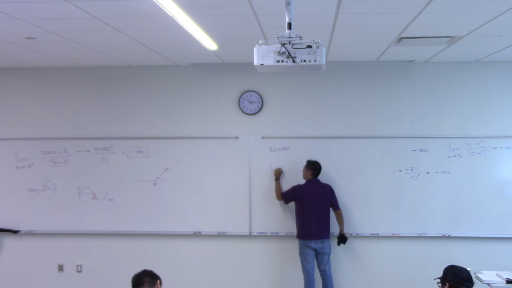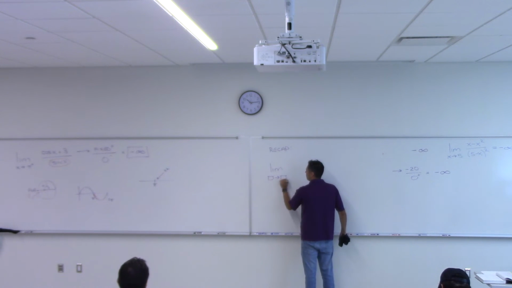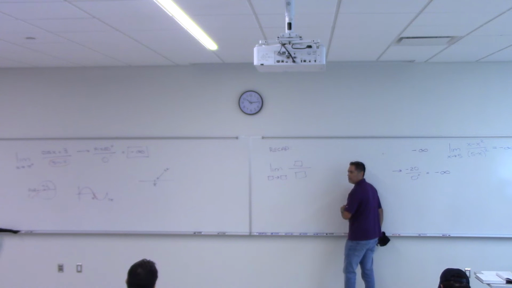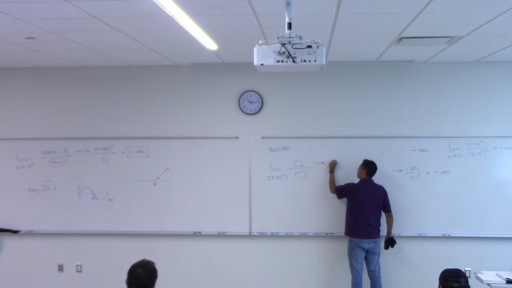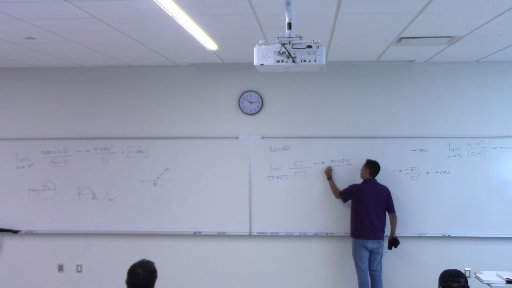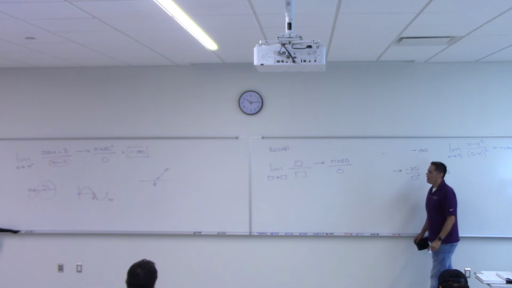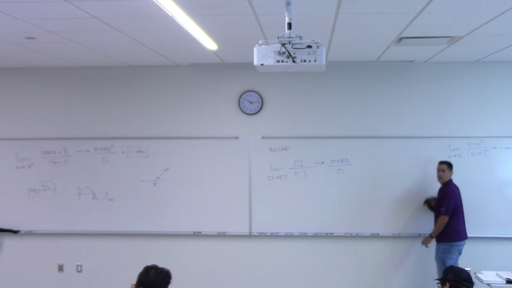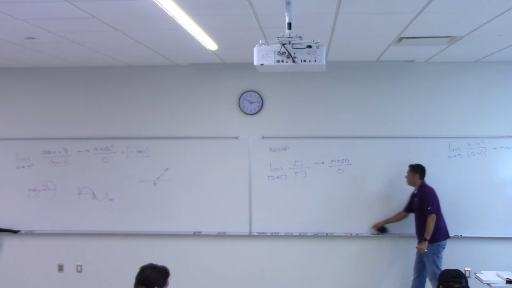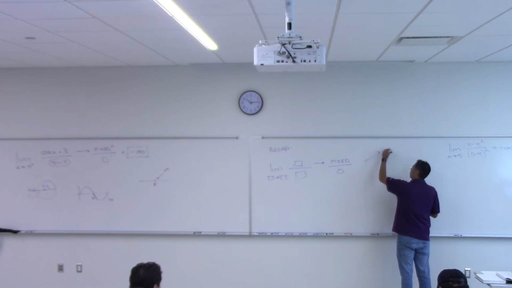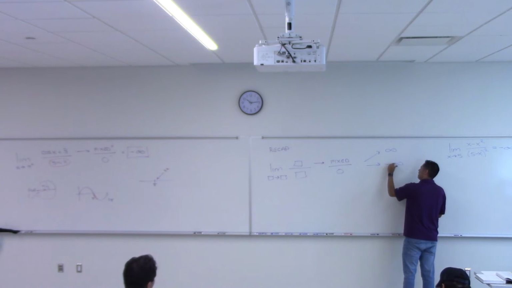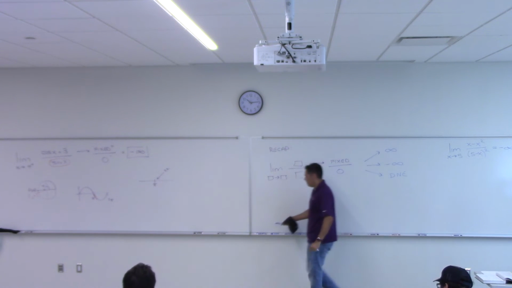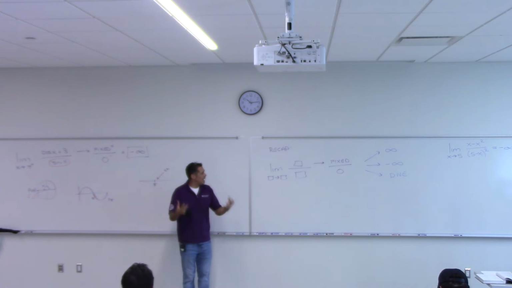If you take a limit, it doesn't matter what's going to what, you have something over something, and this goes to a fixed number over 0, then what possible answers do you have? There are three possible answers: infinity, negative infinity, or it does not exist, if you have to check from both sides. That is the major takeaway from this.